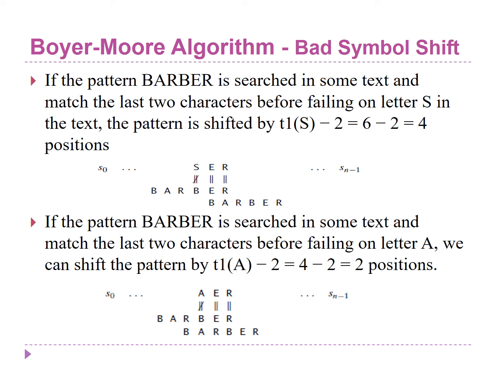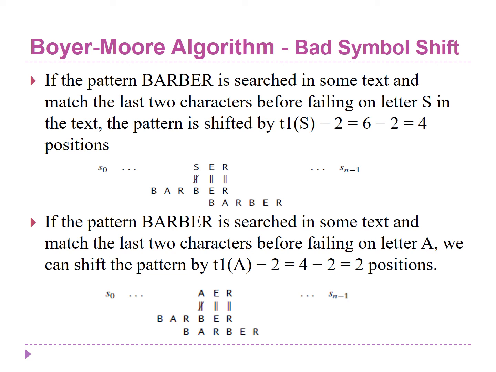So, if the pattern barber is searched in some text and matches the last two characters before failing on the third character, which is letter S in the text, the pattern is shifted by t1 of S, which is the lookup value of S in the shift table, minus 2, which is equal to the number of characters that are matched before failing. Hence, the bad symbol shift now is equal to 4.